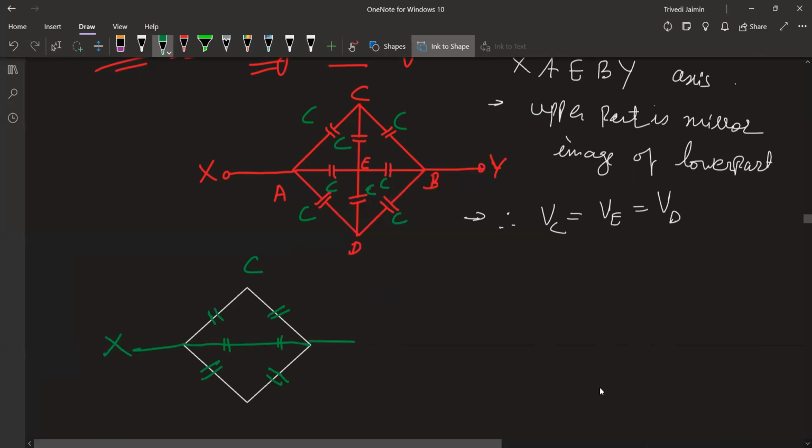C, X, Y, A, B, and D. So which is equivalent to, if we solve this one, it will be in series.